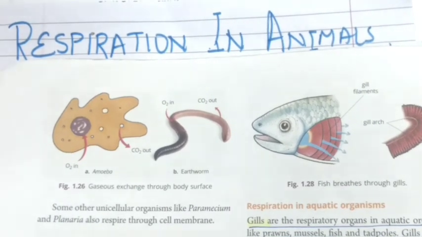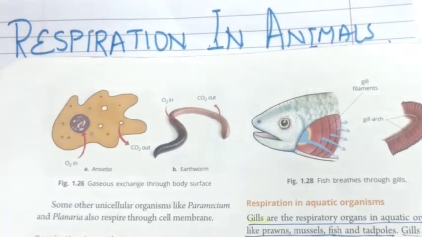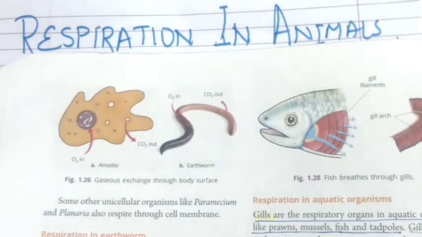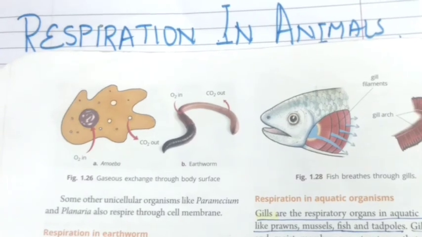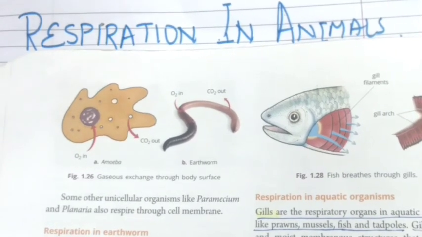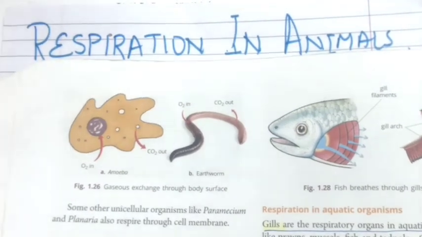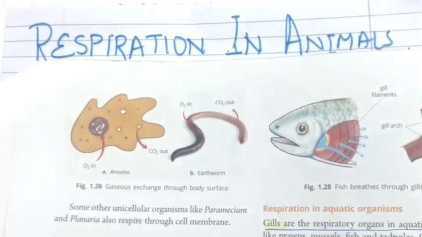The first one is they have a large surface area to get enough oxygen, right? The second one is they have thin walls for easy diffusion of the gases, right? And the third and the main one is they have a very rich supply of blood for transporting the respiratory gases.